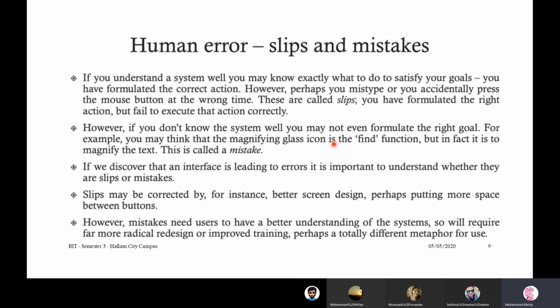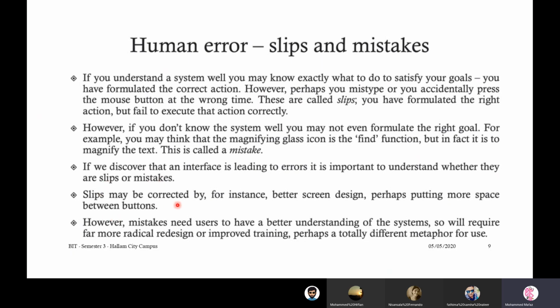For example, you think something in your mind and you execute the action, but the system does something else, right? So if we discover that an interface is leading to errors, it is important to understand whether they are slips or mistakes.